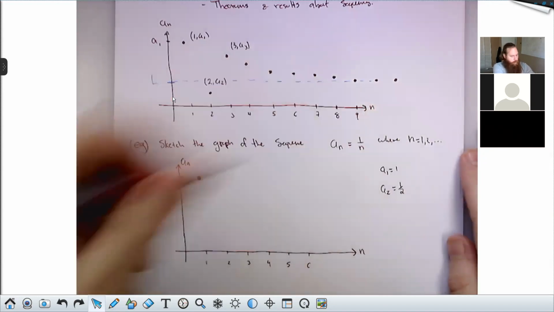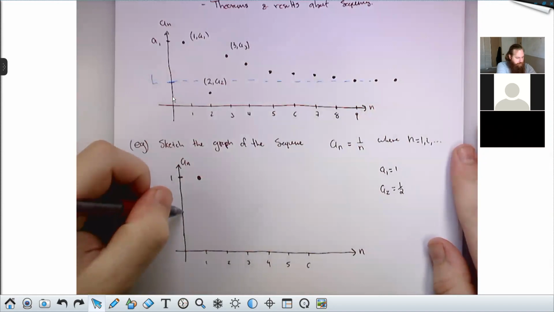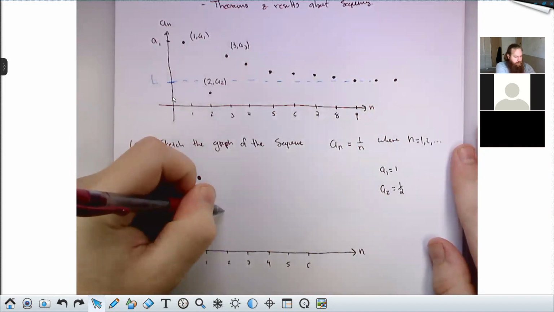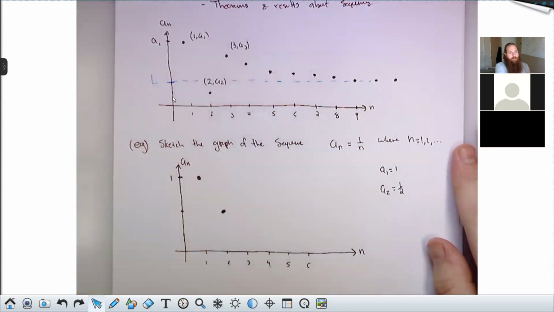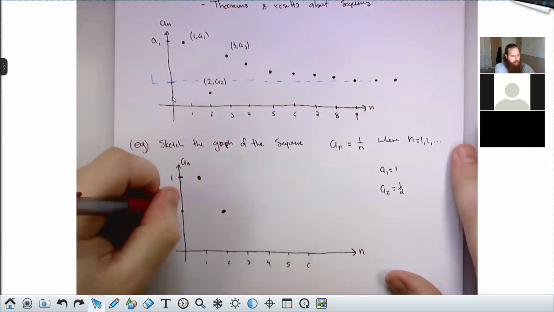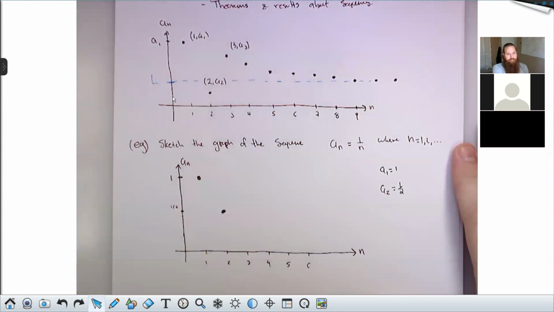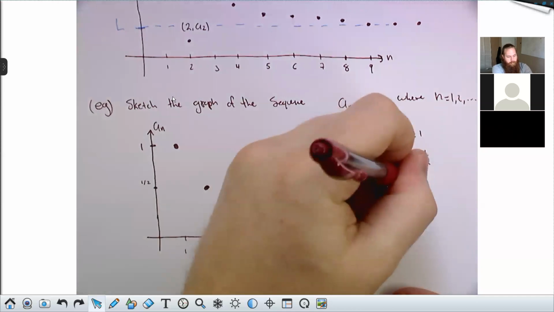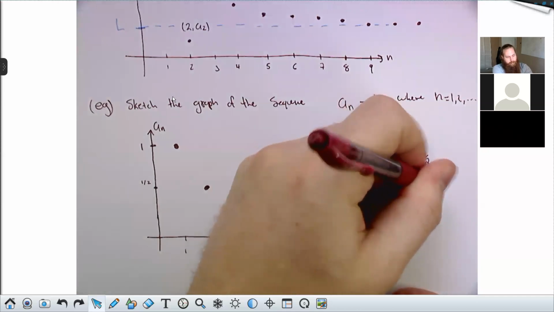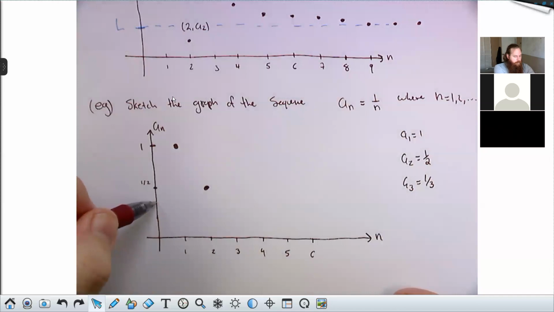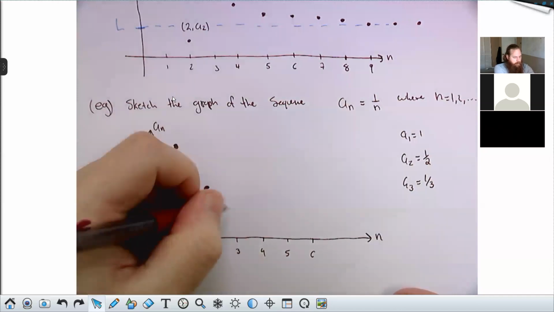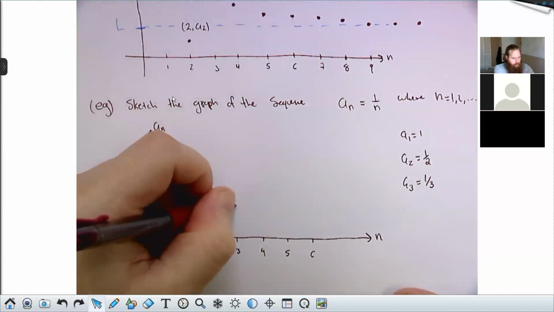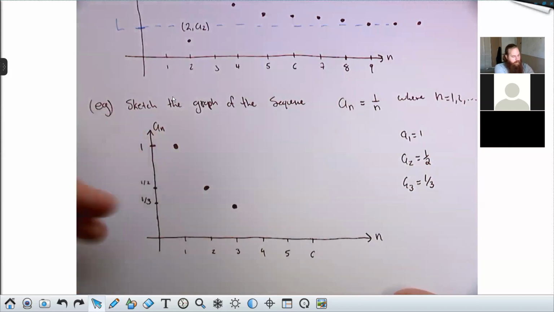a2 is 1/2. Tells me that the point (2, 1/2) is on the graph. a3 is 1/3. This tells me that the point (3, 1/3) is on the graph. a4 is 1/4.